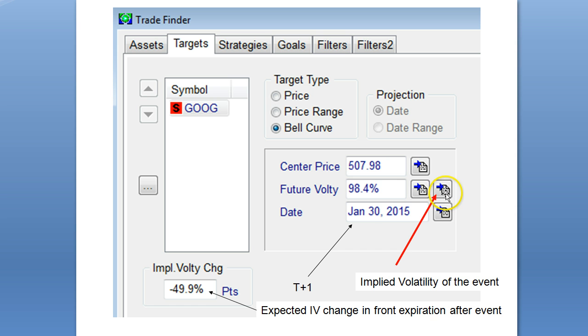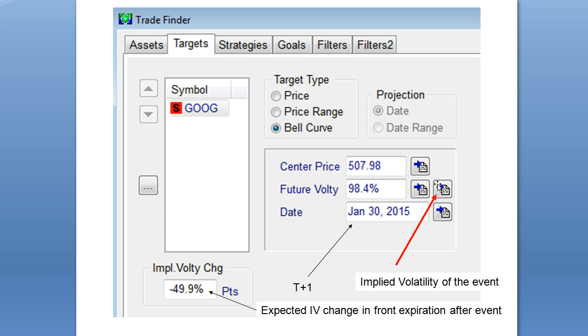If you click the button right there, that's going to bring in the implied volatility related to the event itself, the volatility implied for the event from the options. The options are implying a certain volatility level related to just the event, and boom, that's the number we're going to click to bring in here.